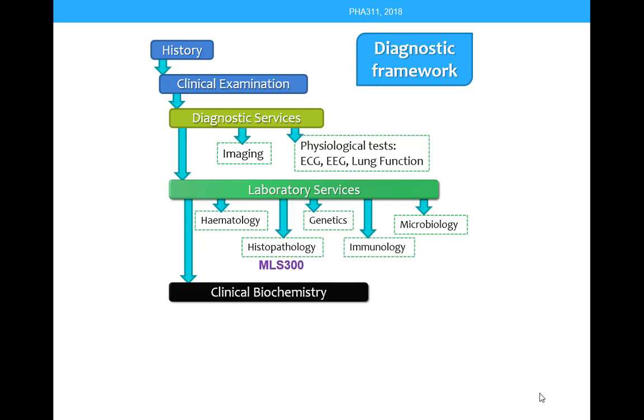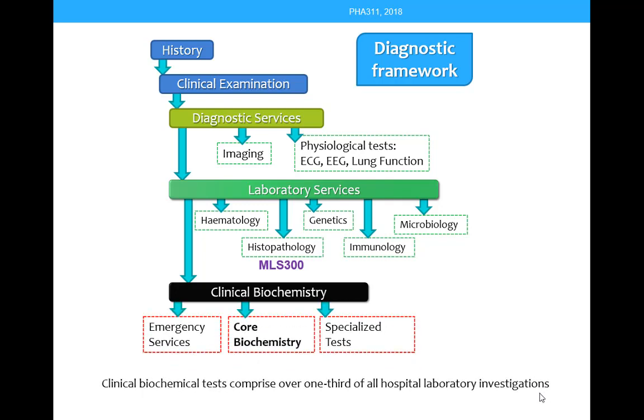Now, clinical biochemistry is basically looking at the chemical composition of body fluids. There are three major subdivisions of clinical biochemistry. There is core biochemistry, the tests which are commonly done, and there are specialized tests which are not offered by all labs, but there are special services, special facilities located in certain areas where you have to send the sample for these specialized tests.